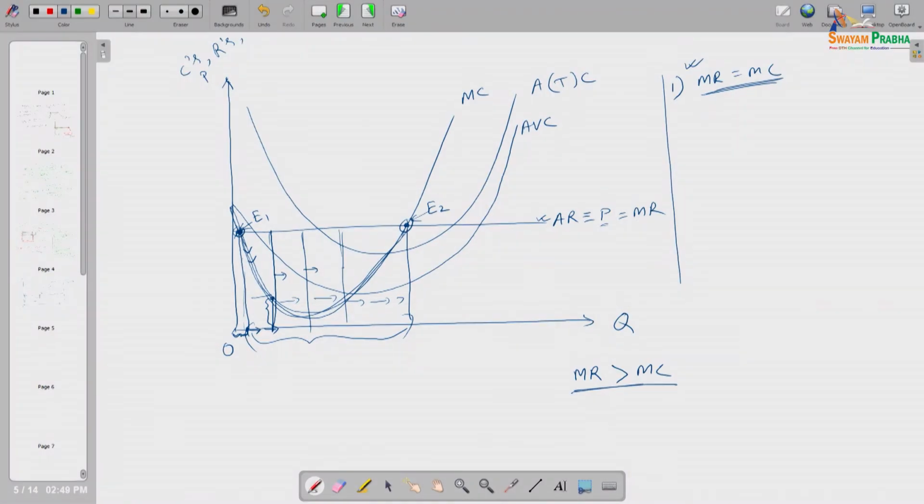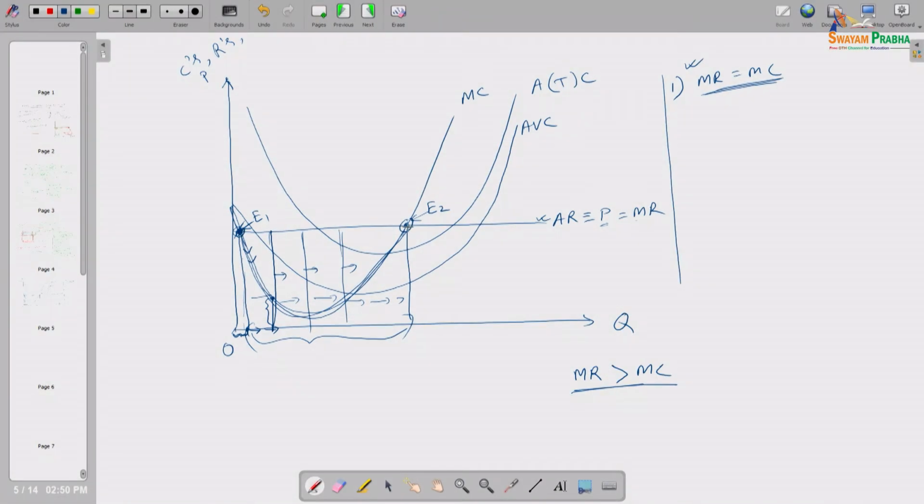It is telling us that as we produce more and more, our profit will only increase. So, not only is the second order mathematical condition not satisfied at E1 and only satisfied at E2, but we have also understood it here using logical reasoning.